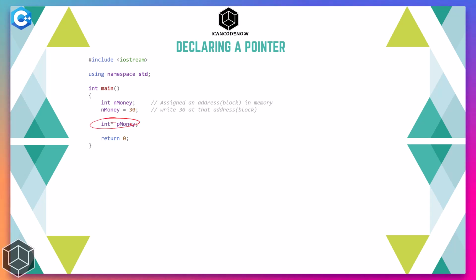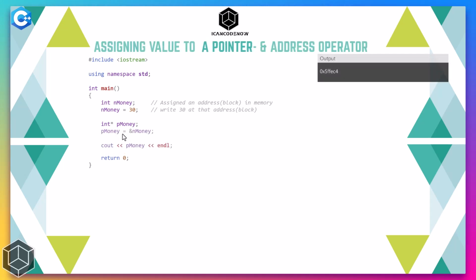Now we have declared this pointer, but how do we assign a value? Since we know that pointers can only store addresses, they cannot store normal values like we have seen. So in order to store an address, we use this address operator.